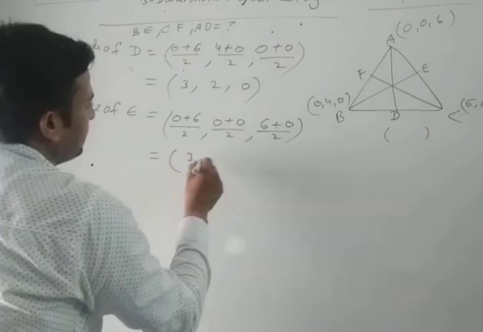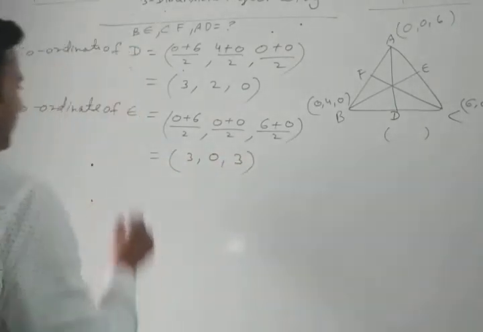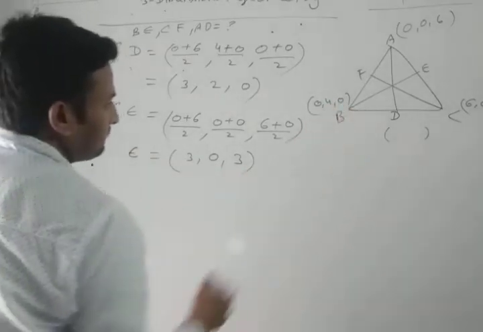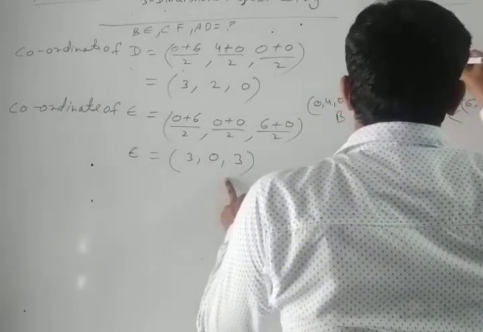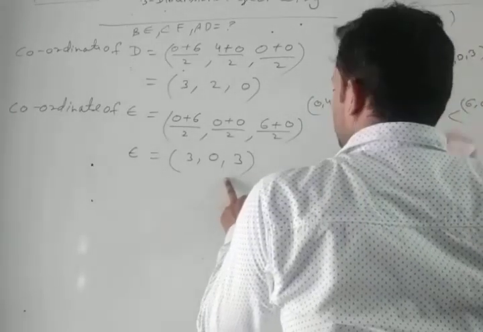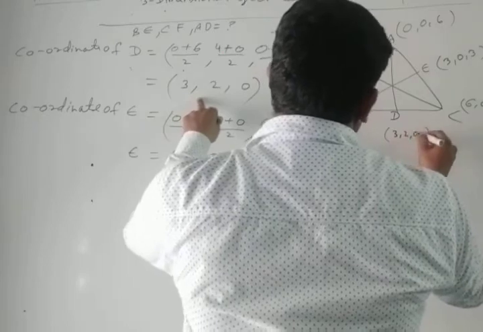We get (3, 0, 3). The coordinate of E is (3, 0, 3), and the coordinate of D is (3, 2, 0).